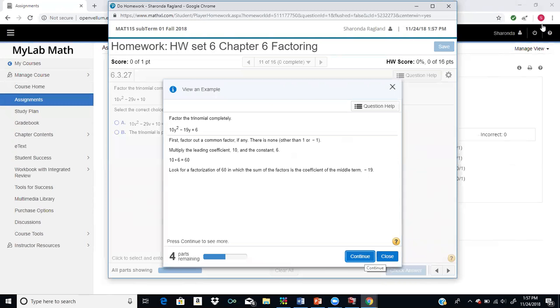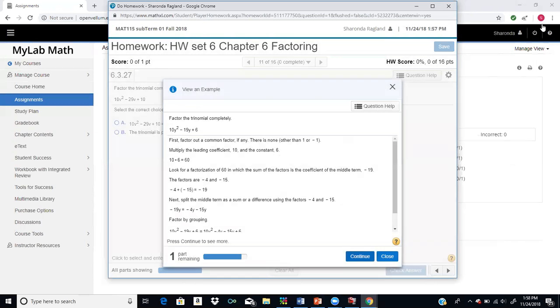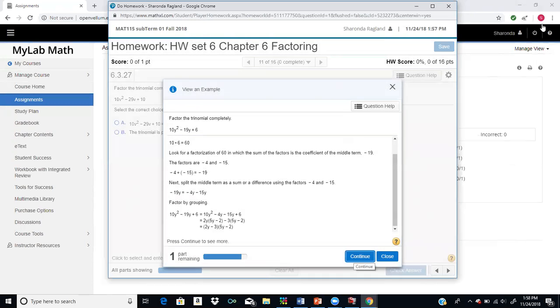Oh, they're doing, okay, let me see what combinations they're doing, the split. So what they're doing here is factoring by grouping. And that's fine too. They show you how to create 4 terms out of 3, to factor by grouping.